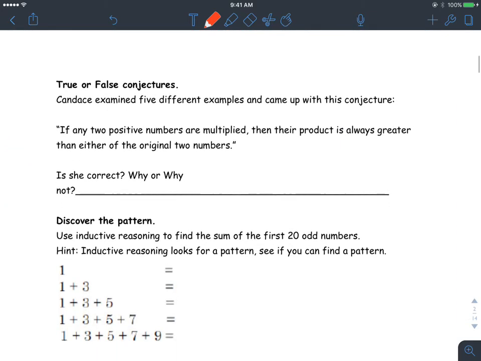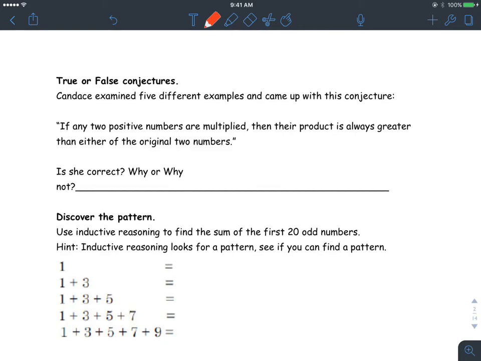Okay, so let's flip over here. True or false, Candace examined 5 different examples and came up with this conjecture. If any 2 positive numbers are multiplied, then their product is always greater than either of the 2 original numbers. All right.